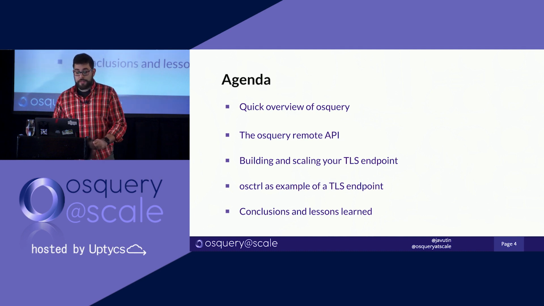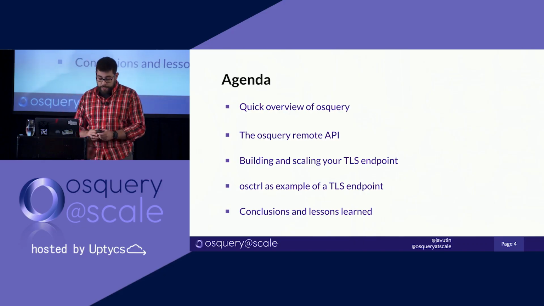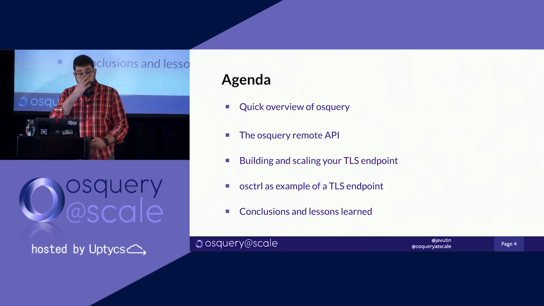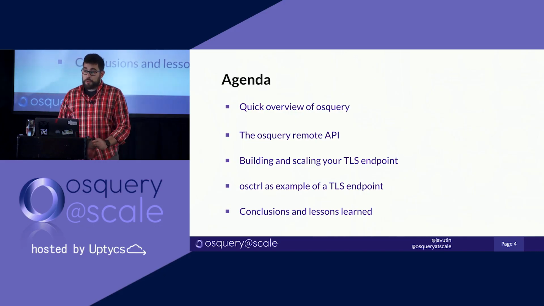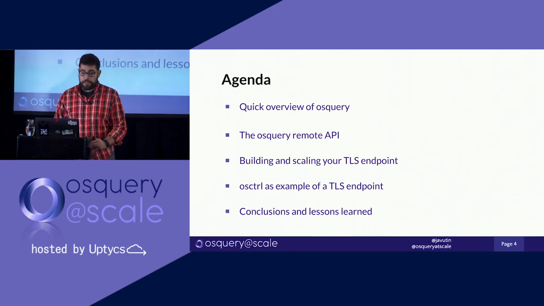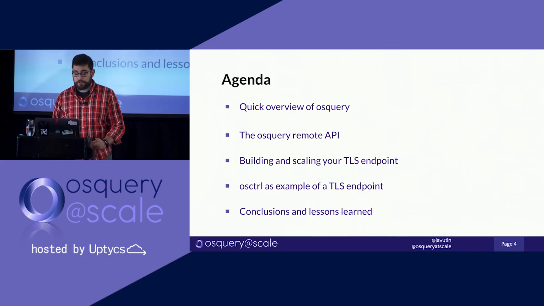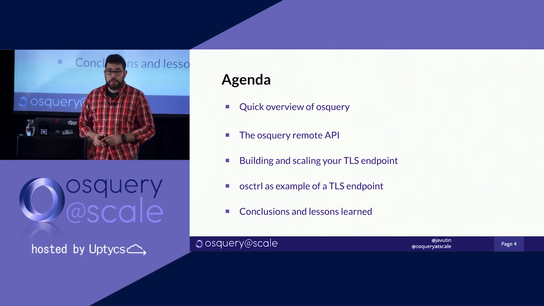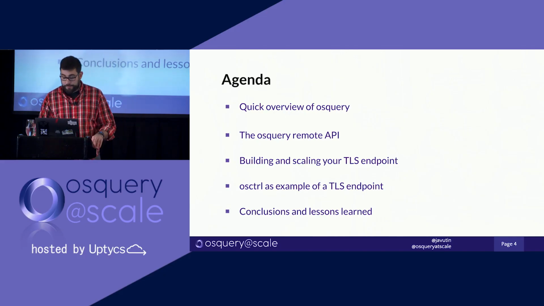I'm going to go through the details of the osquery remote API, which is going to be the basics when you want to build a scalable solution that sits on top of osquery, in this case a TLS endpoint. I'm going to go through the details of building and scaling your own TLS endpoint. I'm going to show you an example of a TLS endpoint that I recently built and open sourced a few months ago. It's OS control, and then let's go through some conclusions and lessons learned.